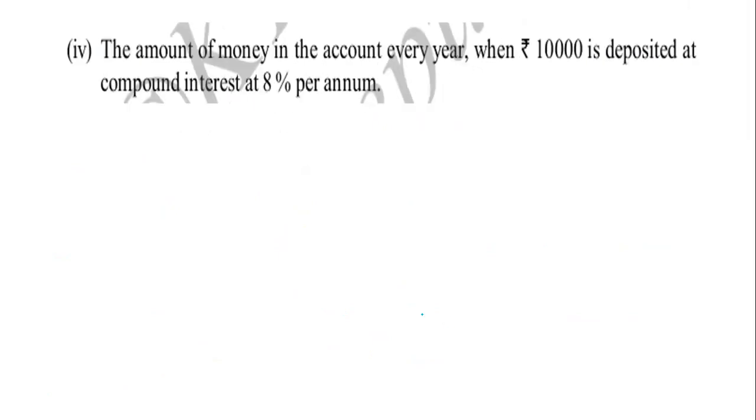Next, the fourth one, the amount of money in the account every year when 10,000 is deposited at compound interest at 8% per annum. This is not an AP, because of the amounts.